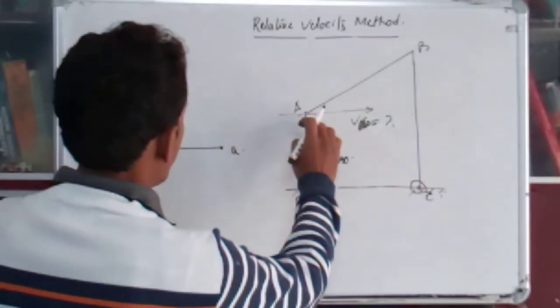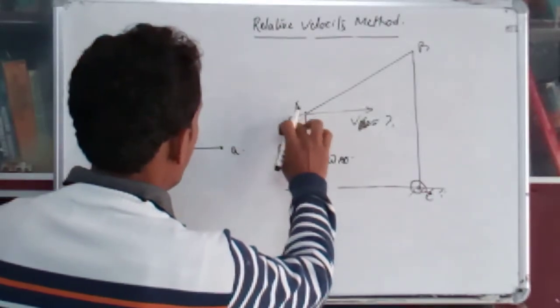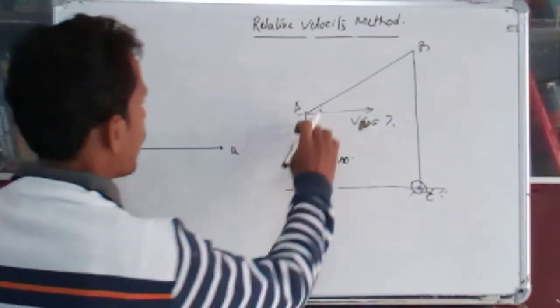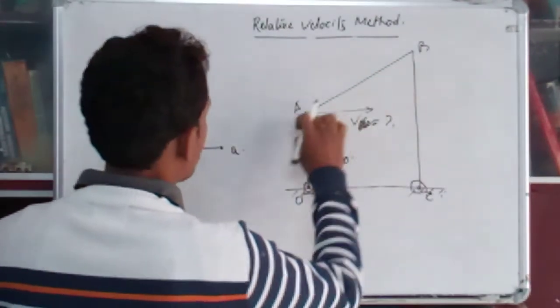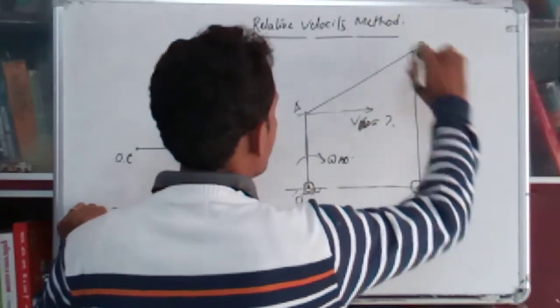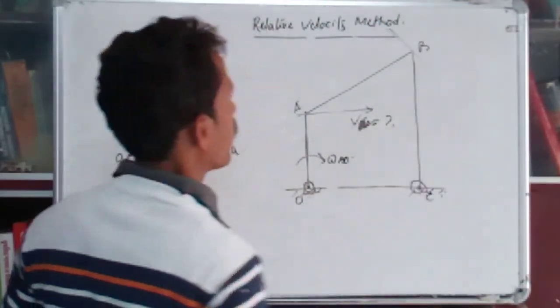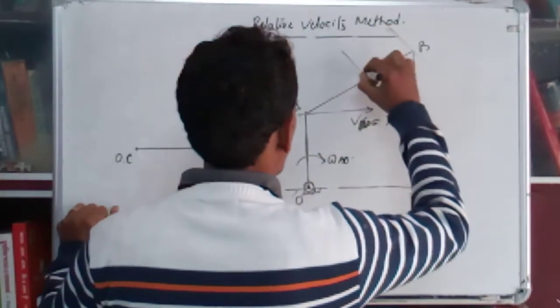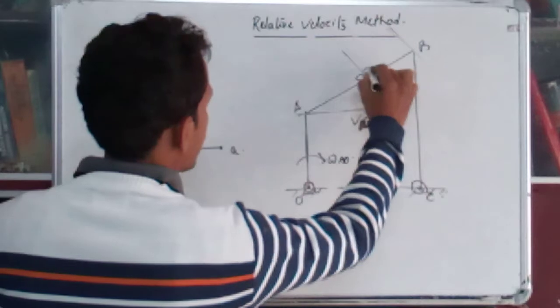Now the relative velocity of B with respect to A. B will oscillate, so what will be the direction? The direction will be perpendicular.